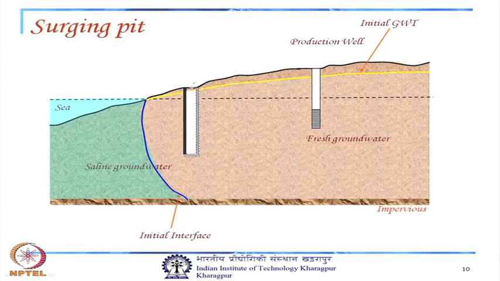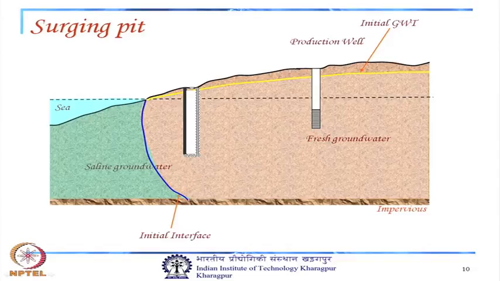Then another one is the surging pit. In the surging pit, this wall is basically impermeable, and these two walls are permeable walls, and water is filled in this surging pit and it is just parallel to the coast.